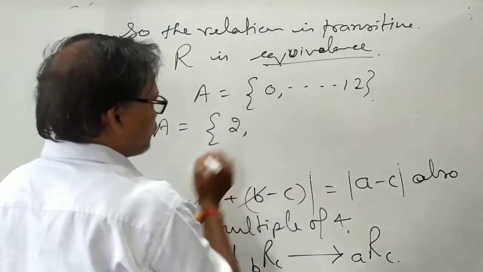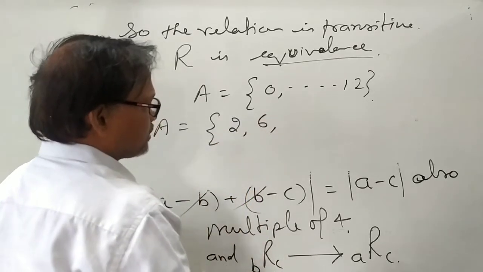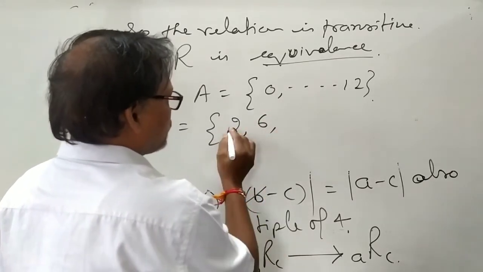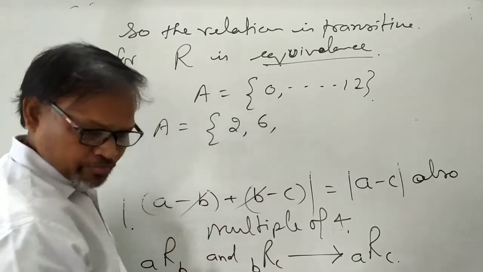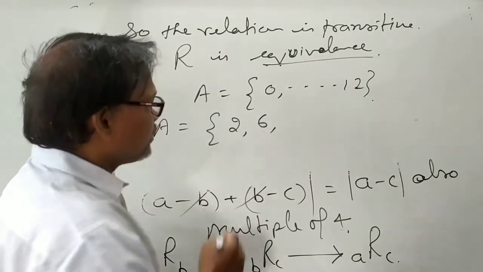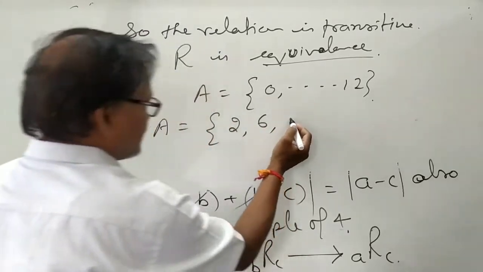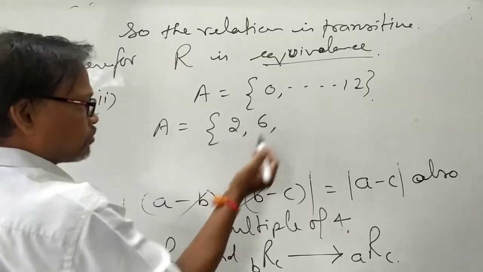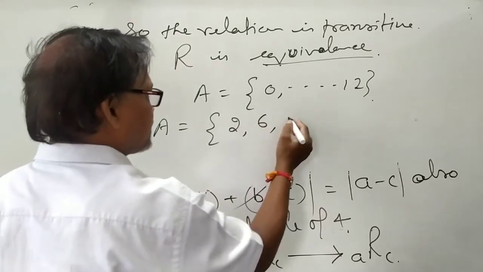तो 2, 6, 2 से 6 ये रिलेट होगा. 2 से 8 नहीं, मतलब 4 का मल्टीपल नहीं होगा, बाकी एलिमेंट्स नहीं होंगे.